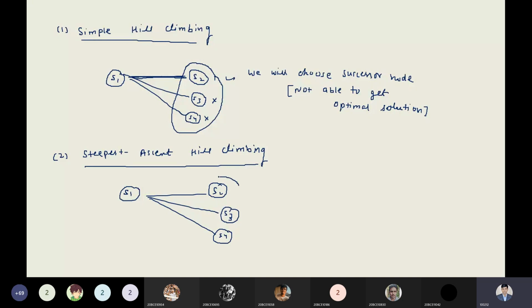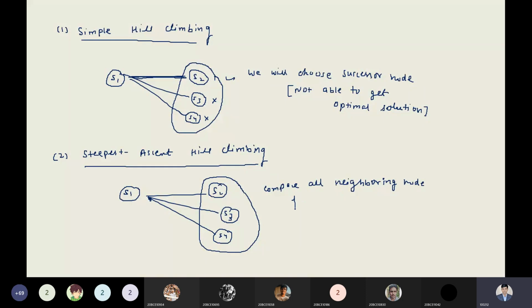And of course, all these S2, S3, S4 are the neighboring nodes. So I have the options. So I will compare all neighboring nodes.